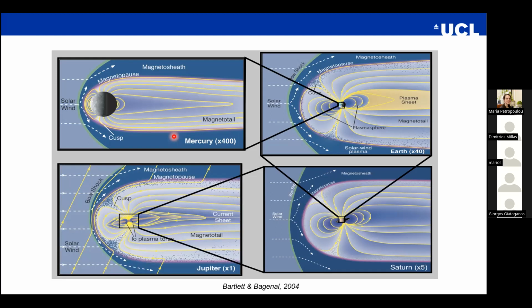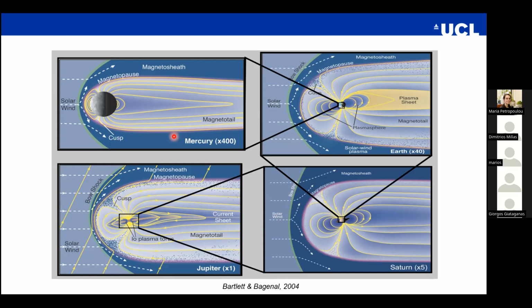Of course, if you see these shapes, they seem very much alike. You see a transition region between the solar wind and the magnetic field. You see the magnetic field lines being dragged away. You see a magnetotail and so forth. But as I'm going to show you, things are quite different for the gas giants.